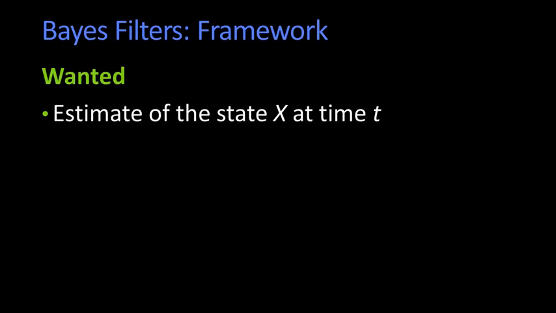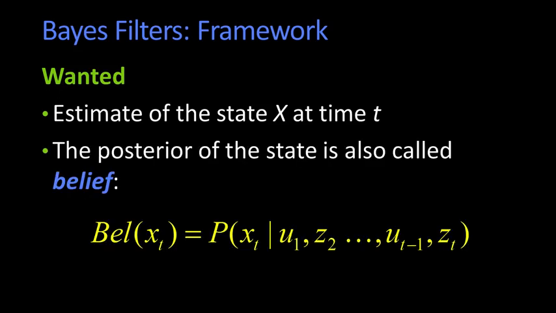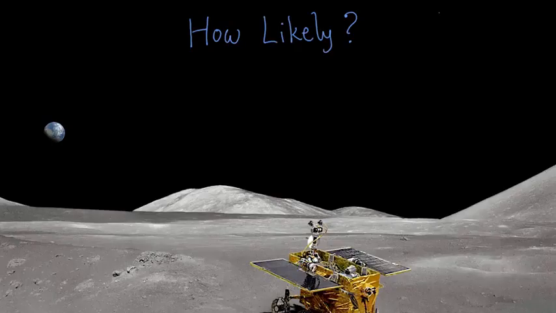Same thing we've always wanted since we were little children. And in the Bayesian world, this is called the belief or the posterior of the state. Sometimes it's even written like this, BEL, for belief of xt. What's my belief about xt given everything that I've observed so far, knowing all the perturbations, and given my current measurement?